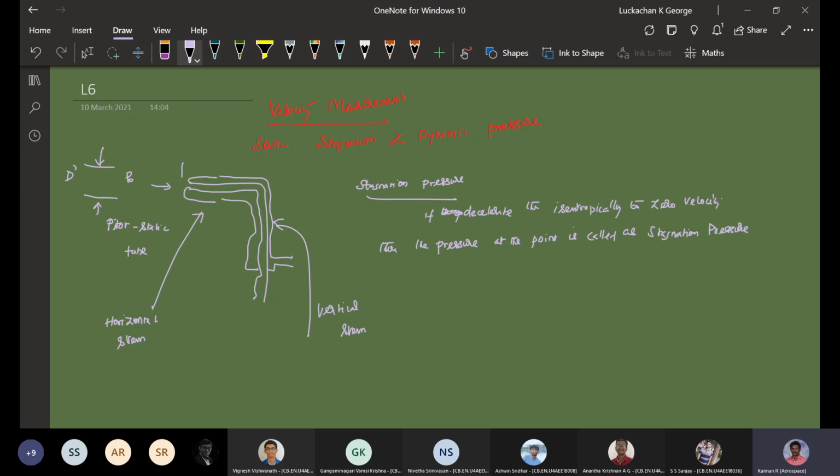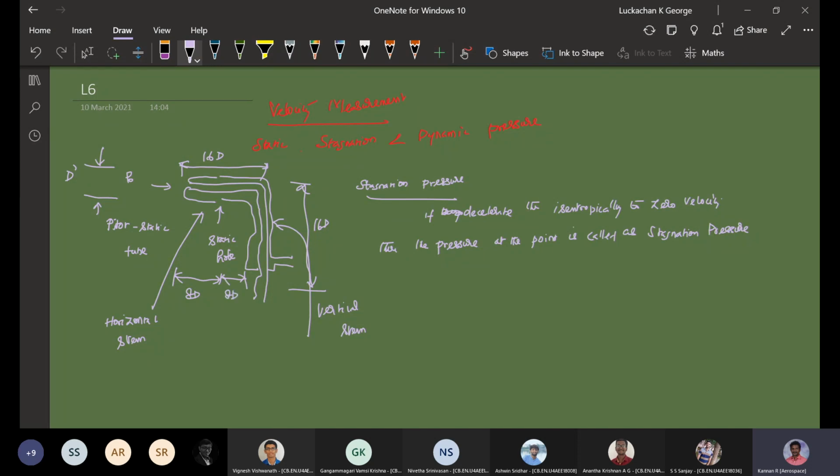The length of the horizontal stem is going to be 16D, and the vertical stem is also close to 16D. This hole is called the static hole, and its distance is going to be close to 8D.